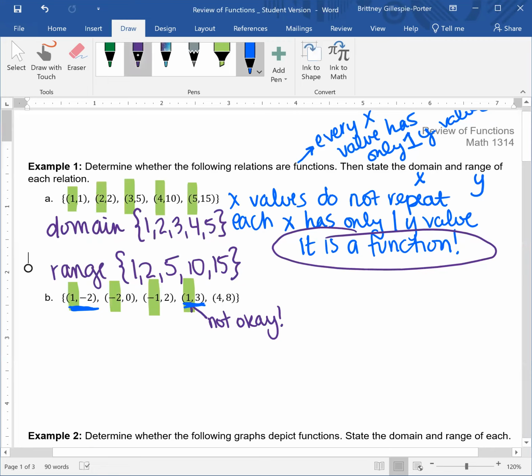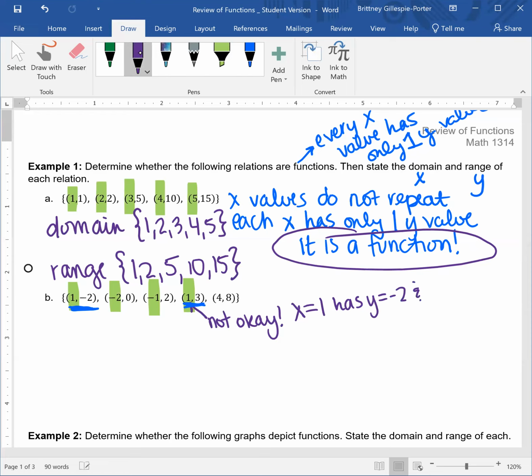We're saying that x equal to 1 is married to -2, and x equal to 1 has y equal to 3. Trying to be married to two people at the same time legally is not okay. So this guy is not a function. He's still a relation, just not a function.